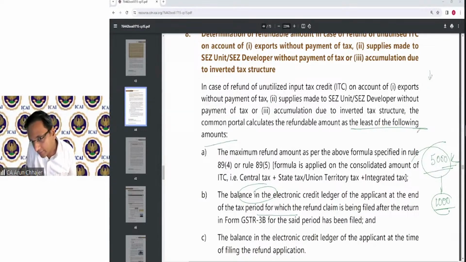My point is, the refund of ITC as per the formula comes to 5,000.